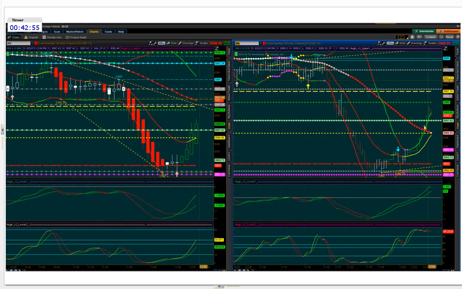I wanted to get long right here, and I missed it, so I'm going to see if it pulls back. So I missed where I wanted to get in.